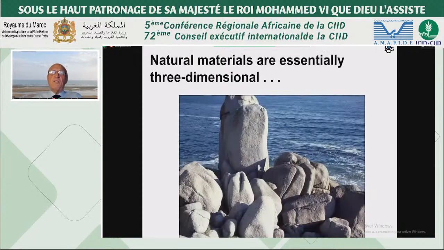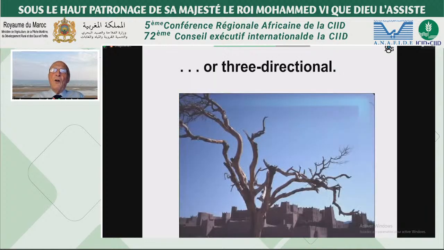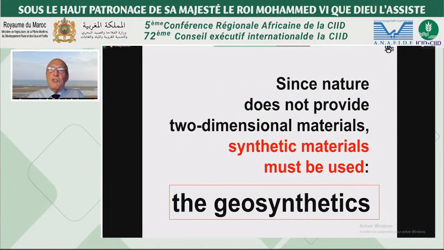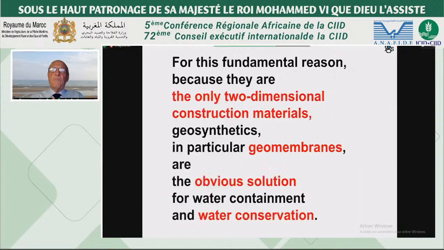Natural materials are essentially three-dimensional or three-directional, as we can see from these two photos taken in Africa. Since nature does not provide two-dimensional materials, synthetic materials must be used, and these are the geosynthetics.